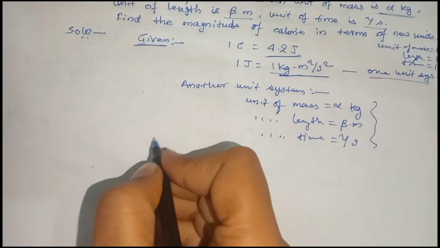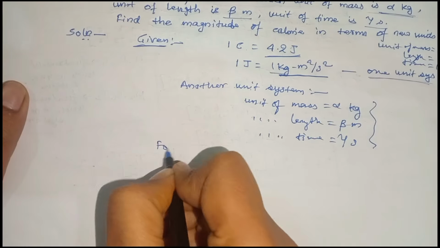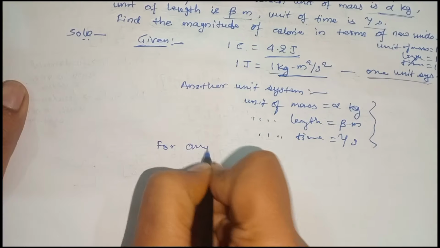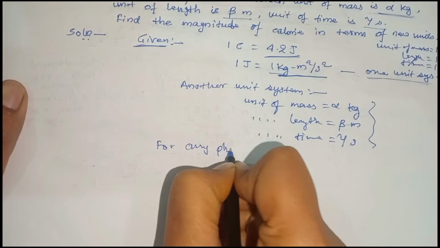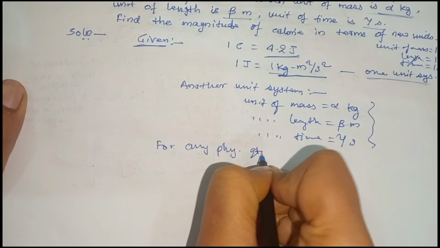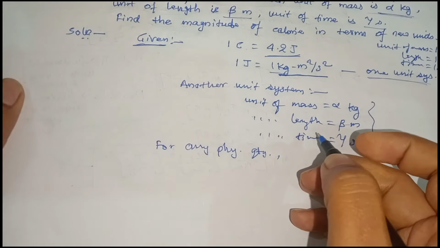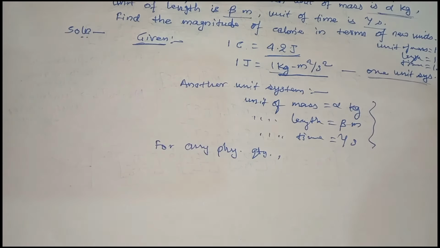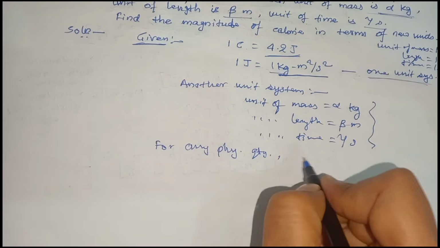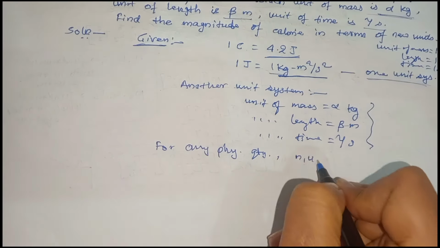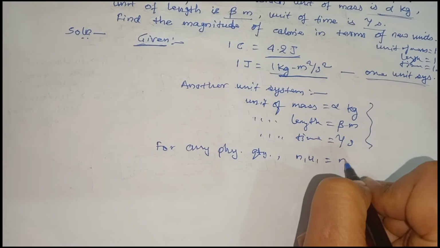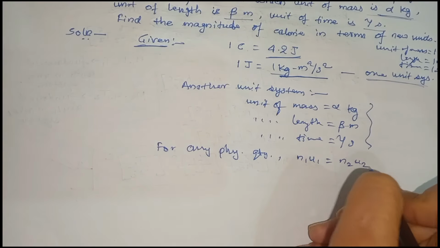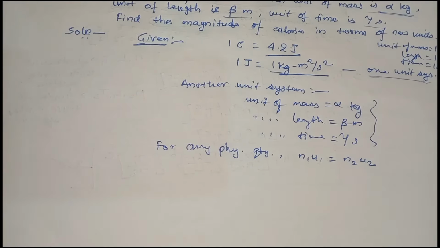We know that for any physical quantity, the product of magnitude and unit always remains constant. That is, N1 U1 equals N2 U2.